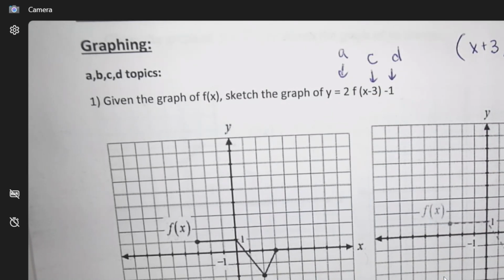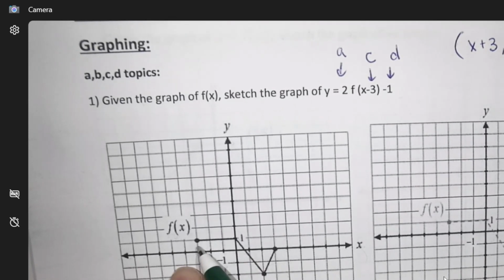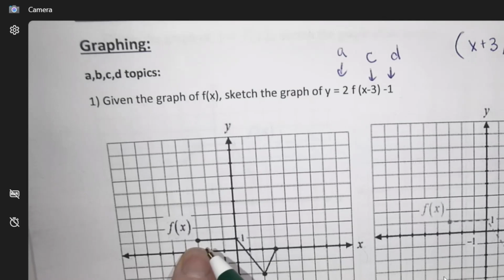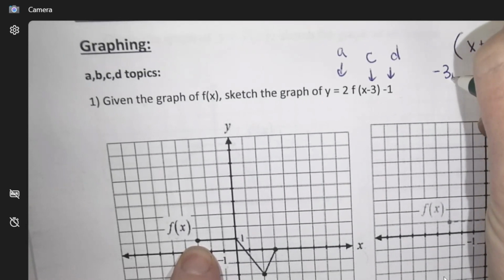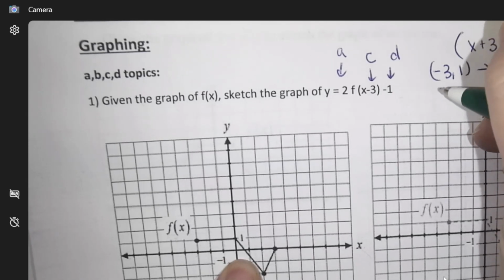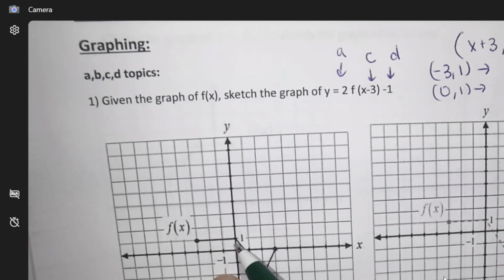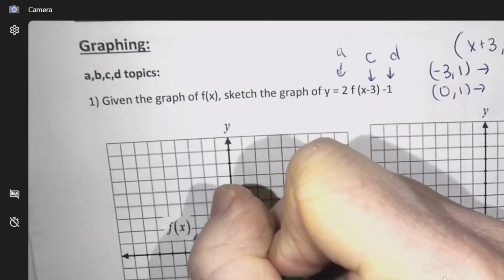So now what you do is you take some coordinates. So let's go here. This one is negative 3, 1. This one is 0, 1. So I'm taking this coordinate.